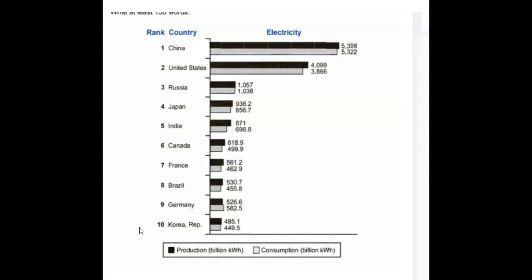For these dynamic charts, you'll need a lot of words like increased, decreased, doubled, tripled, fell, rose, all this kind of language. Whereas in these static charts, while you don't need all that vocabulary, what you do need is a lot of this language of comparison.